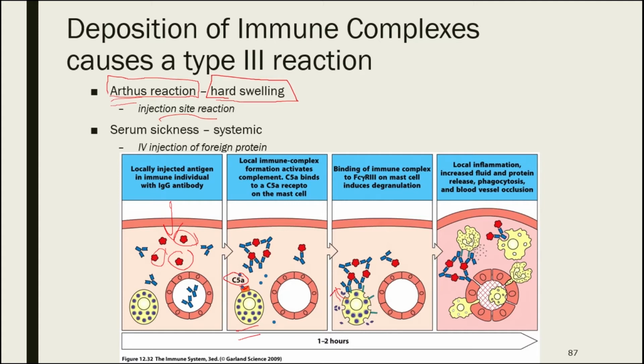Further down it leads to release of inflammatory cytokines and chemokines and attracts different types of macrophages to the site, leading to an abnormal immune response. So this is the rundown of the steps.